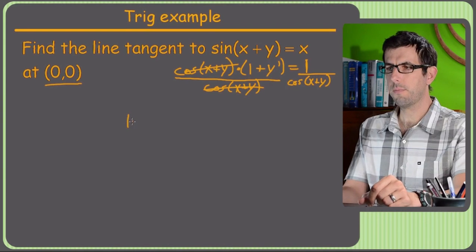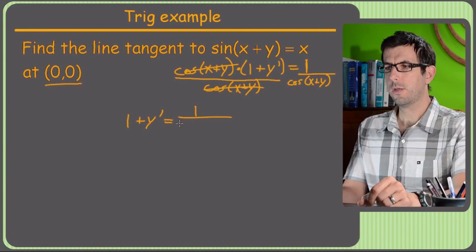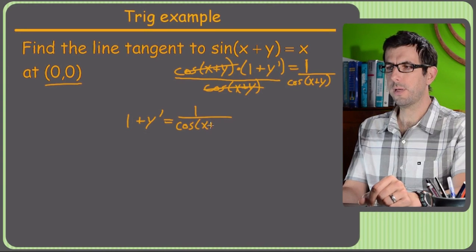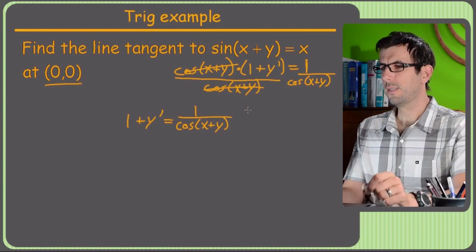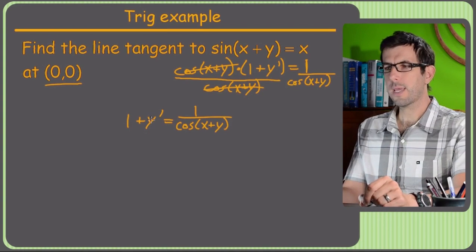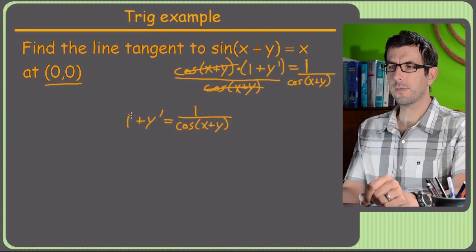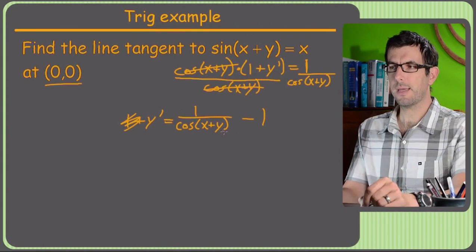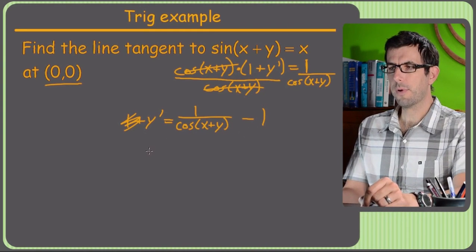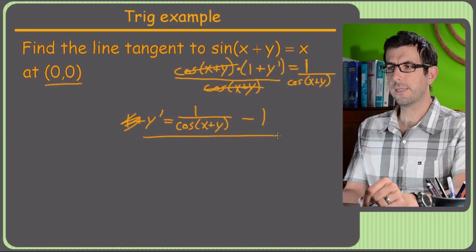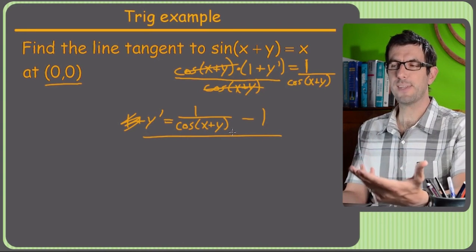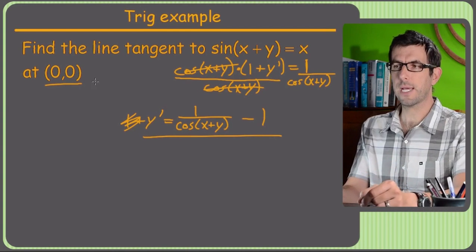So that just leaves me with 1 plus y prime equals 1 over cosine of x plus y. So that seems reasonable, right? And then to get y prime by itself, I just subtract 1. So just put a minus 1 over there, and we should be set. All right, so y prime equals all that. Great. Doesn't mean I'm done with the problem. Just means I have something to plug my point into to get some slope action.